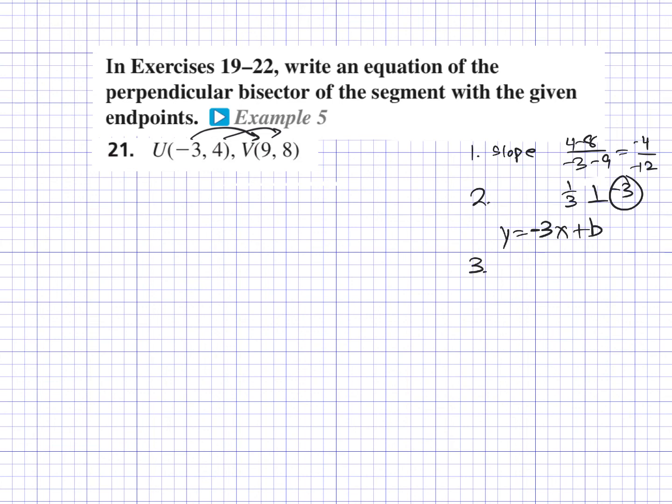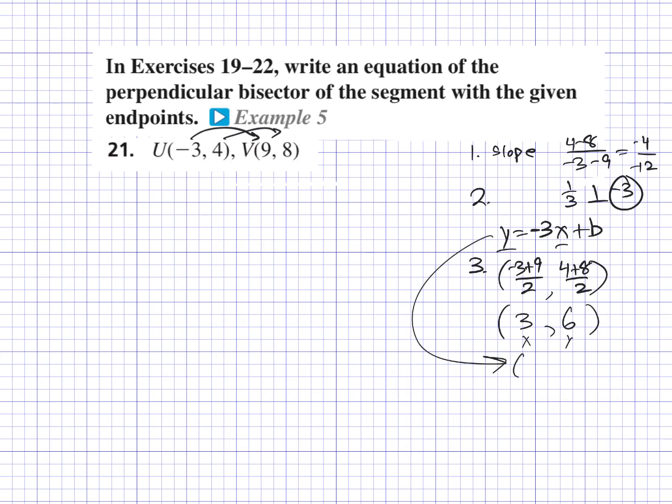Step 3 is find the midpoint. The midpoint gives us our x and our y. So midpoint is x plus x, -3 plus 9 over 2, and 4 plus 8 over 2. That gives us 6 over 2 is 3, 12 over 2 is 6. That's our x and our y. And we're going to plug it into this equation.